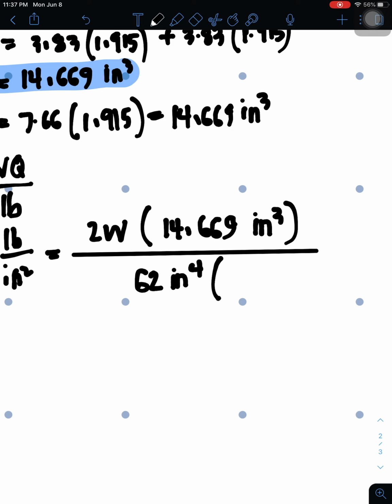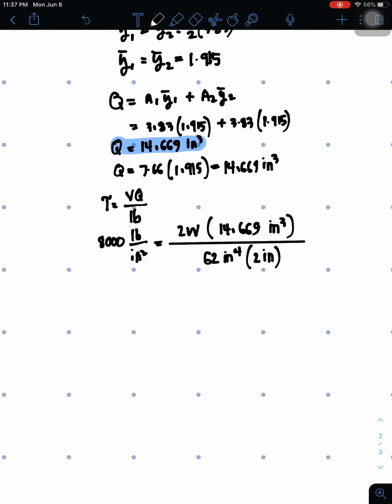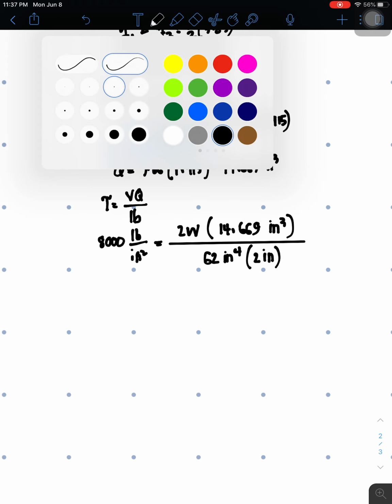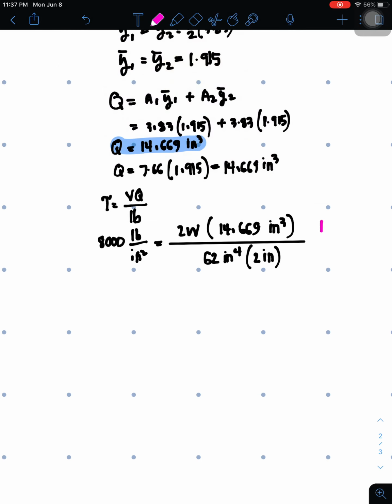And the base is 2 inches. So if we examine the unit, it's going to be inches cubed over inches to the fifth. So that cancels out, what remains is inches squared, and then that cancels out too. So the unit is pounds. So W is 8,000 times 62 times 2 divided by 14.669 and 2.